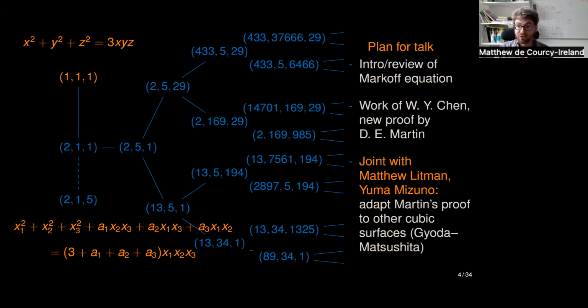So my plan for this talk is to introduce you to the Markov equation if you haven't seen it before, or to review it if you have. In particular, there's some work of Will Chen, and there's a new proof just from earlier this year by Daniel Martin.